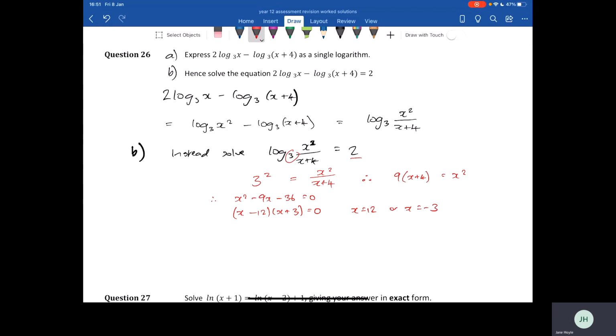Now, we mentioned this earlier, you need to go and check, and I can very quickly see a problem. These 2 answers are both answers for this quadratic. However, if you were then to go and look at the original equation, our original equation is 2 log to the base 3 of x minus log to the base 3 of x plus 4.